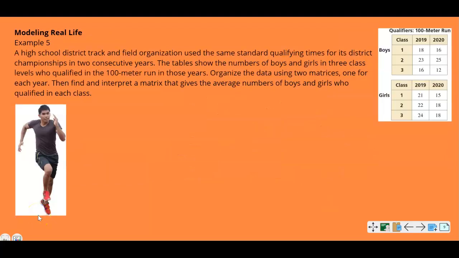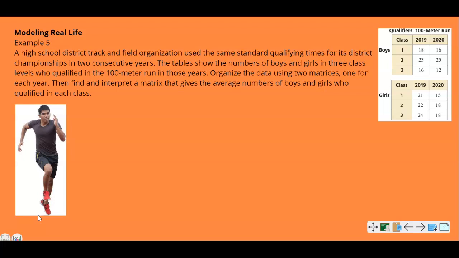Example 5, modeling real life. A high school district track and field organization uses the same standard qualifying times for its district championships in 2 consecutive years. The tables show the numbers of boys and girls in 3 class levels who qualified in the 100-meter run in those years. Organize the data using 2 matrices, one for each year.